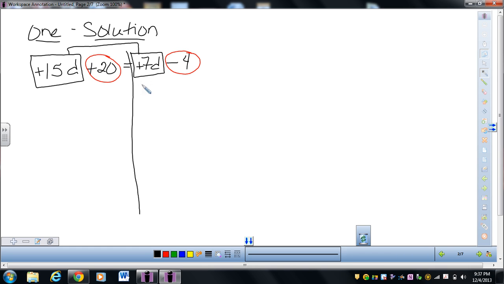So I'm going to have to subtract 7d from both sides because the original 7d is positive. What I do to one side, I do to the other. That's going to cancel out and give me 0, but we don't need to write that. And 15d minus 7d is going to be 8d.